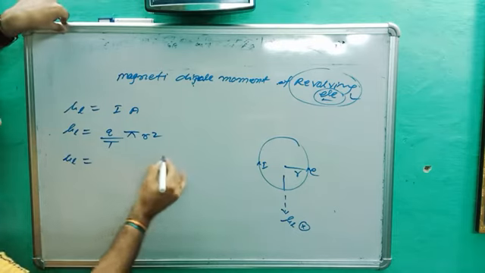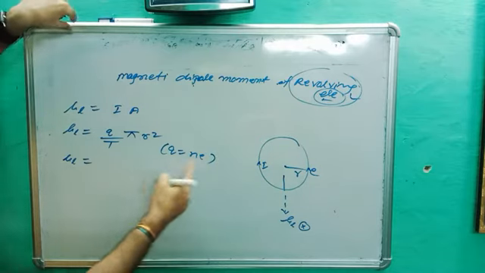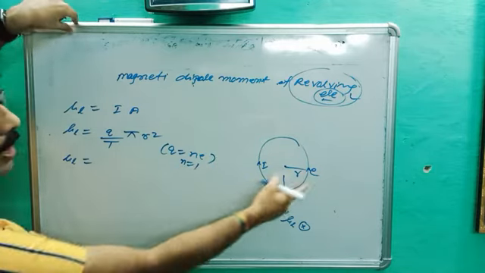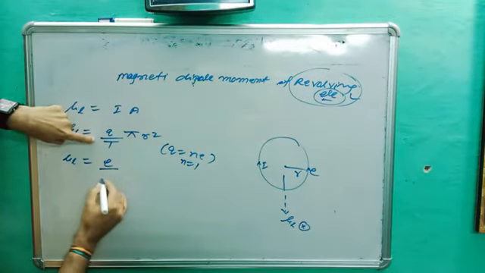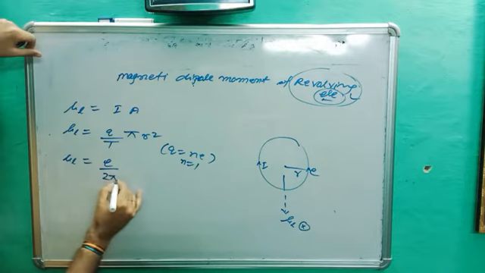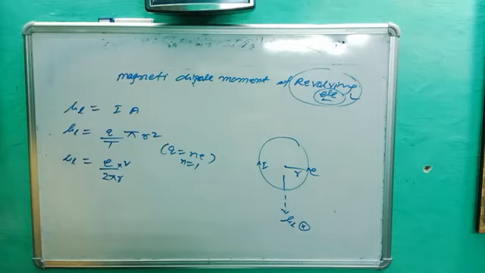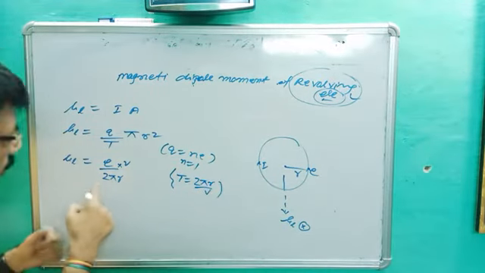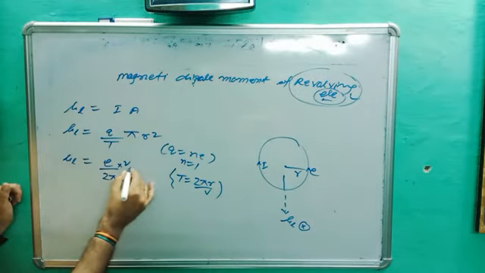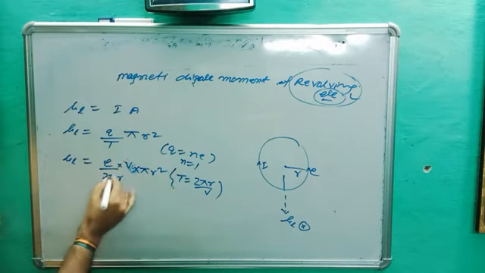Mu L is equal to, we better know, Q is equal to Ne. Since N is equal to 1, only one electron is revolving, so it becomes e upon time. Time is equal to distance upon velocity. The total distance is 2 pi r upon V, so it will be multiplied by V. We can write time is equal to distance, 2 pi r upon V, multiplied by area pi r square.